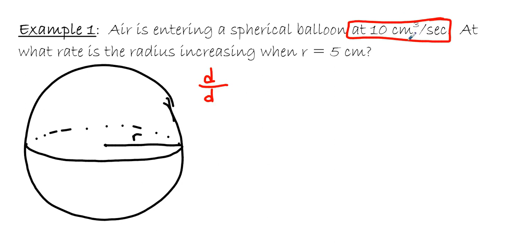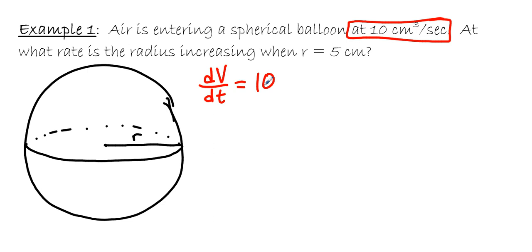Well, cubic centimeters, that's how we measure volume, and seconds, that's how we measure time. This is volume, this is time. So this rate is a derivative of volume with respect to time. That is 10. It is positive 10 because the balloon is increasing in volume at 10 cubic centimeters every second.